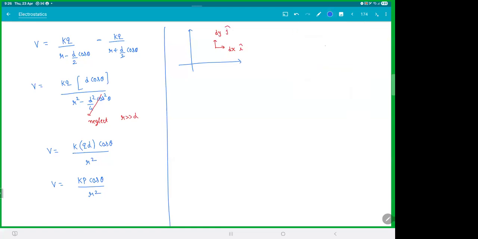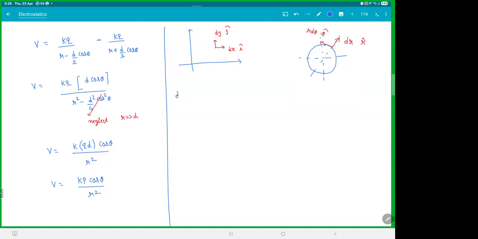But in polar coordinates, the world will look like concentric circles. Here, the vectors will be in this direction. We'll have dr, r cap, and this direction will be r d theta, theta cap.